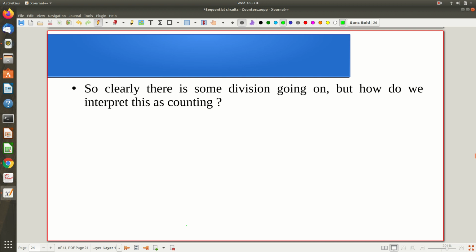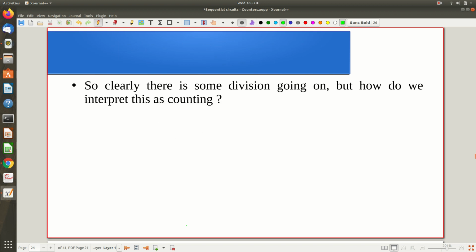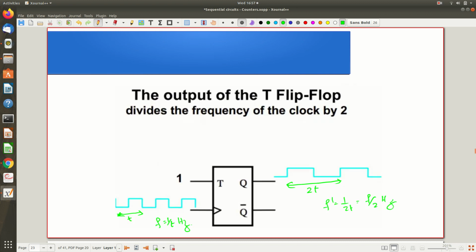So now clearly there is some division going on, but how do we interpret this as counting? I think we will discuss this in the next video, because I just want to tell you something more here. So what we see here is a single T flip-flop connected in the toggle mode is acting like a frequency divider circuit.